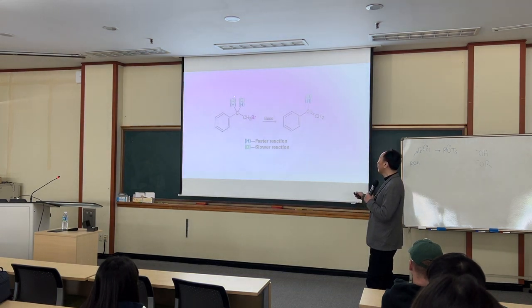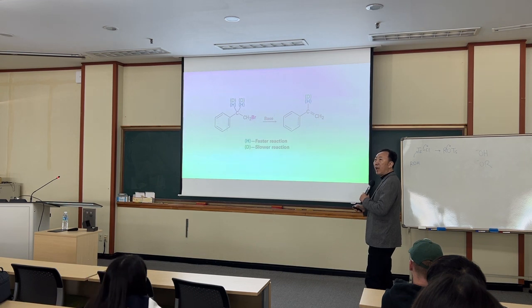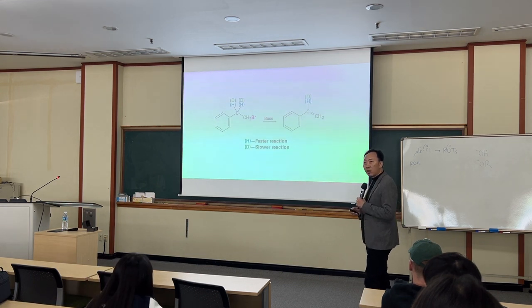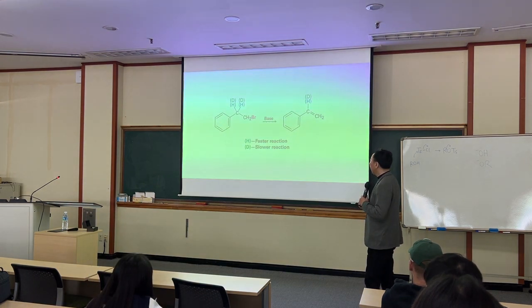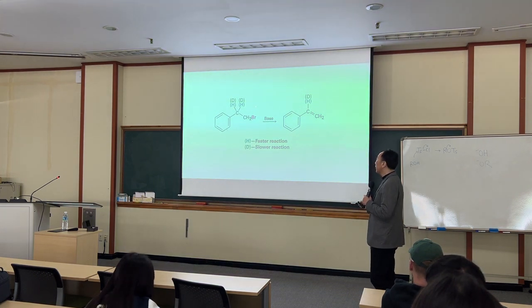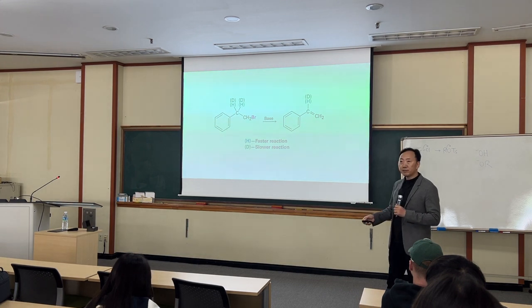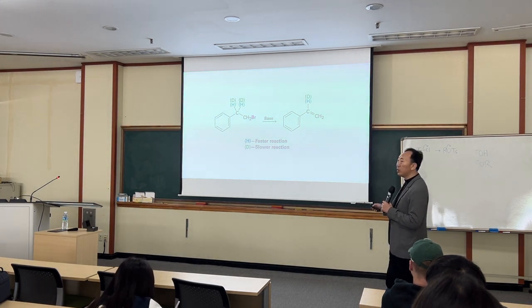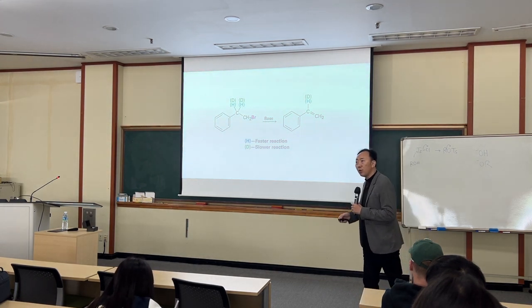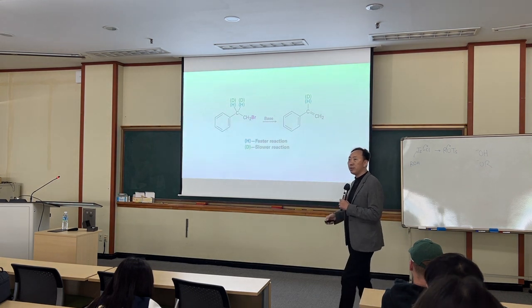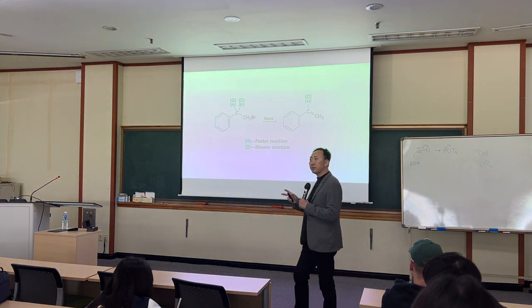The first step is cleavage of deuterium or hydrogen. If the base attacks something heavier, the reaction is slow. So when hydrogen is here, the reaction is faster, and if you change it to deuterium and it becomes slower, that proves this reaction is E2.